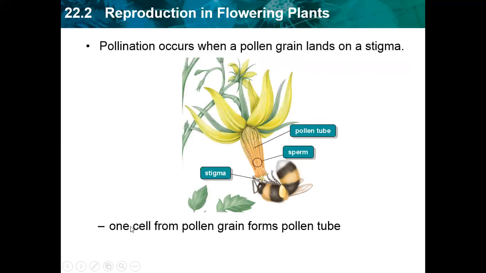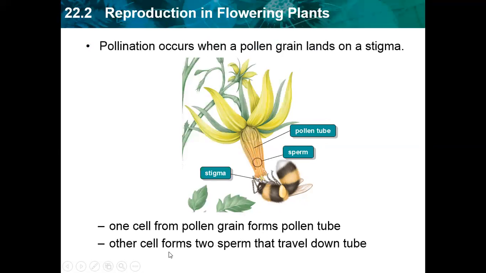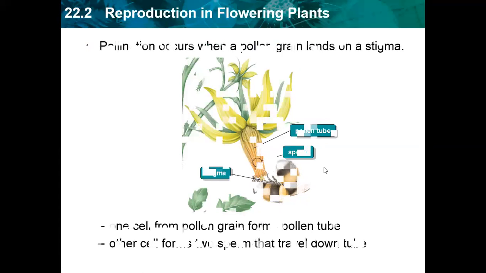One of the cells from the pollen grain will form a pollen tube, which the pollen grain will go through down to the female section. All those cells form 2 sperm, which travel through the tube down to the female part of the flower.